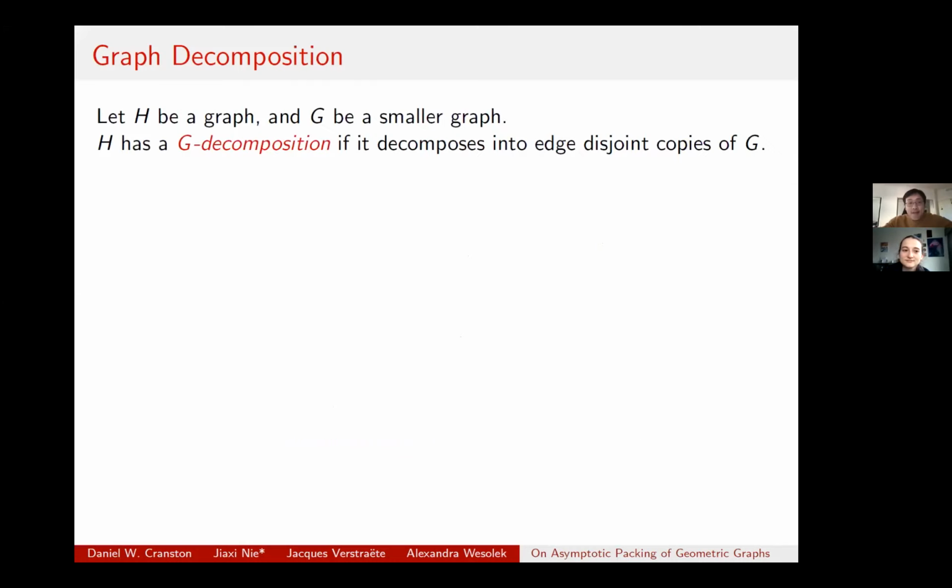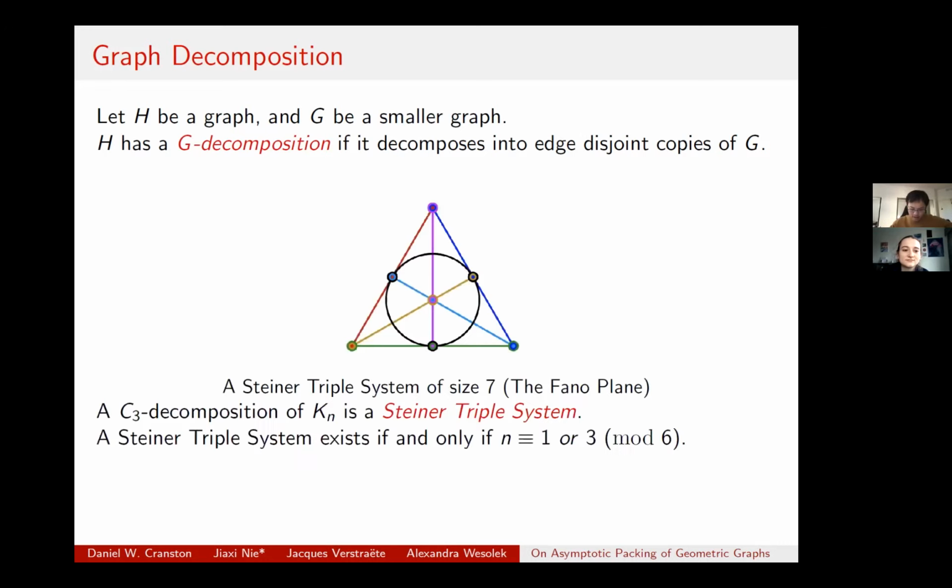Okay, let me first introduce graph decomposition, which is a classic problem in graph theory. Let H be a graph and G be a smaller graph. We say H has a G-decomposition if it decomposes into edge-disjoint copies of G. For example, a C3 decomposition of Kn is a Steiner triple system.